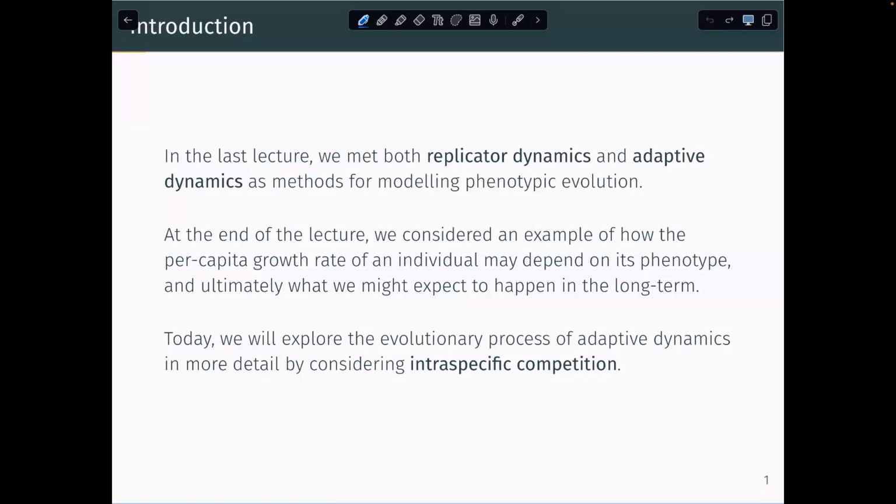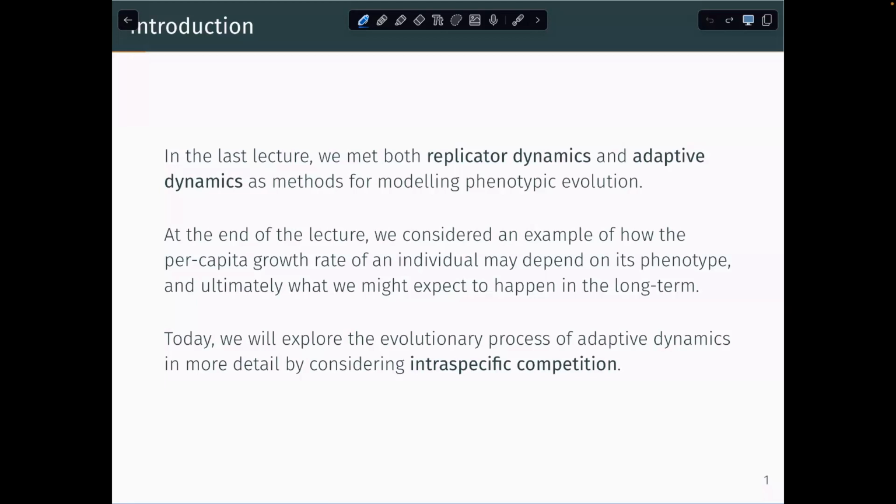This is what we want to do with adaptive dynamics. We want to work out what's going to happen in the long term. And we talked about this process of mutation followed by invasion and ultimately replacement. And we keep iterating this process, and that gives us an evolutionary trajectory for our phenotype that we're interested in.